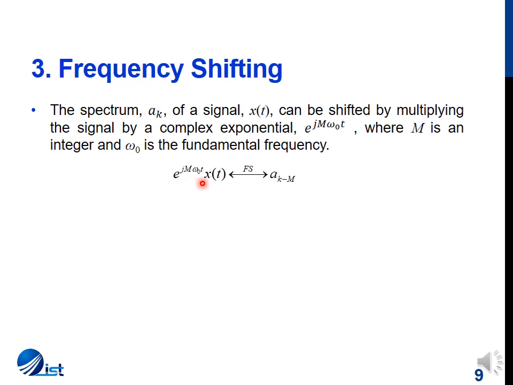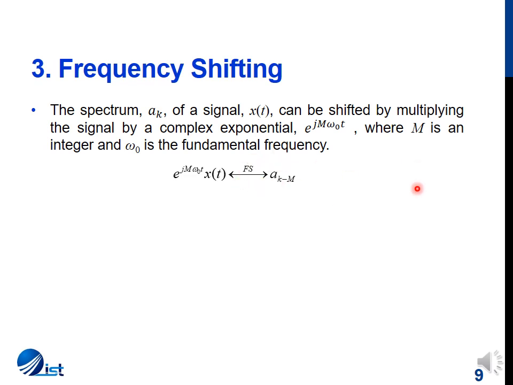It should also be observed that as a consequence of the frequency shifting property, the frequency contents of the signal are changed, because whenever the frequency is delayed or advanced, the frequency content of the signal changes. So the originally appearing frequency content of the signal, the magnitude will be the same, but now it will appear at a different frequency.